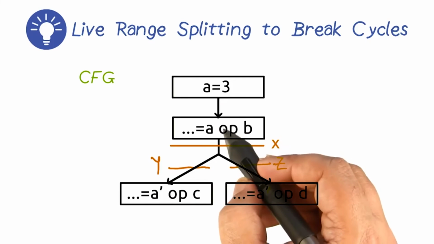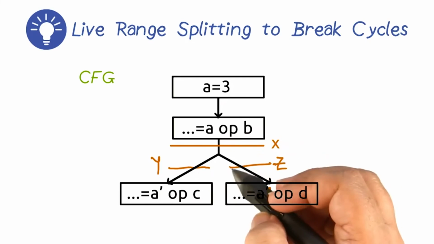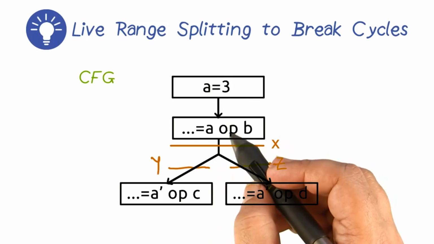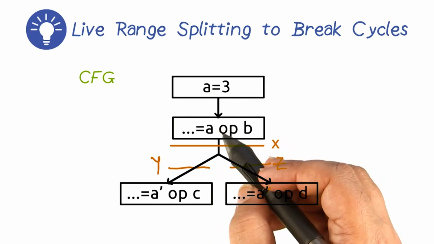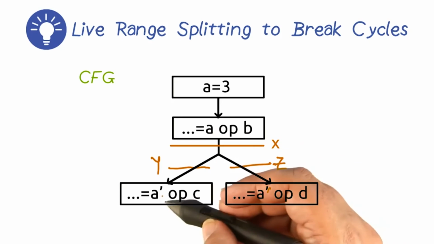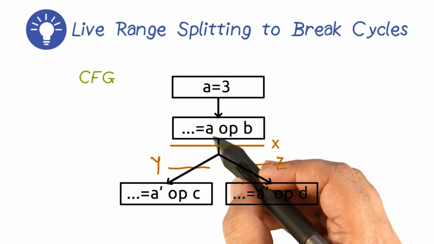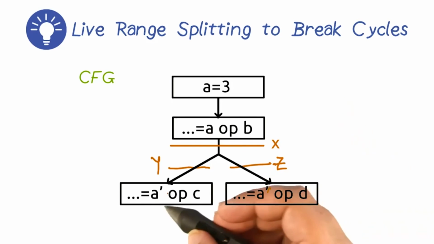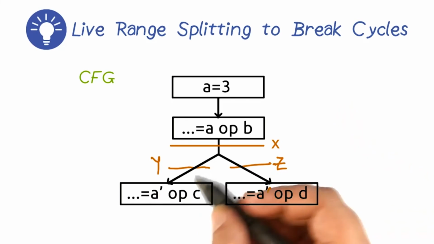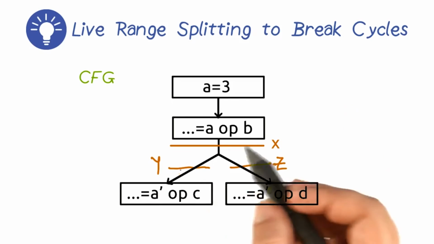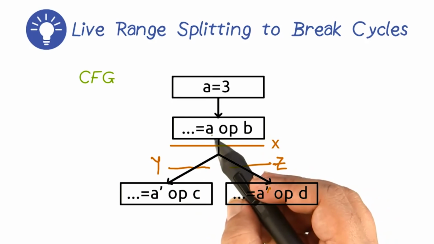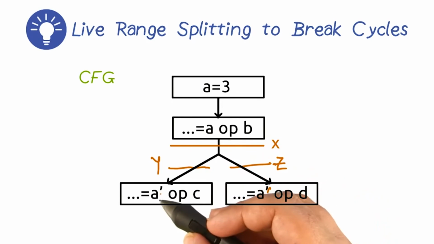Now cutting a live range in multiple parts also incurs a cost, which is to move the data from one register to the other. For example, A could be in one of the registers and A dash could be allocated in yet another register, and because of this we'll have to move the data from R1, which is given to A, for example, to R2, which is given to A dash.